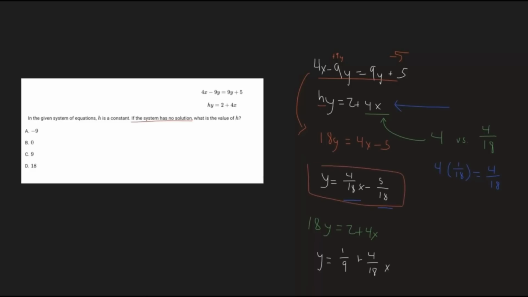We can clearly see that they have the same slope of 4 over 18, but they have different y-intercepts, as we wanted before. This one has a y-intercept of negative 5 over 18, and this one has a positive y-intercept of 1/9. This is messy, but because of that, we know the constant h is going to be the letter D, 18.